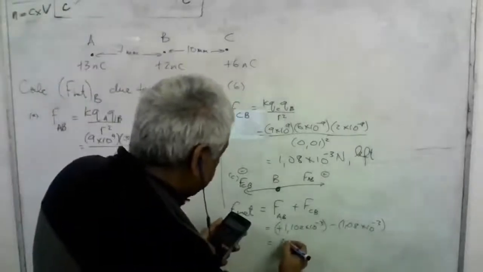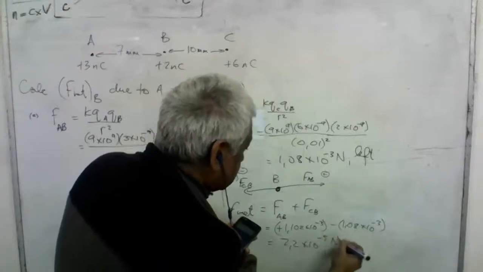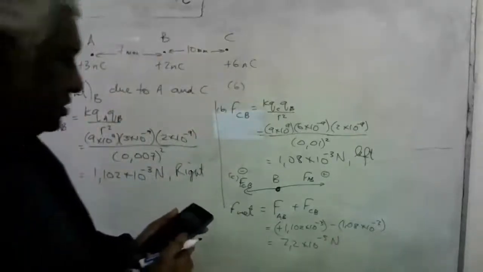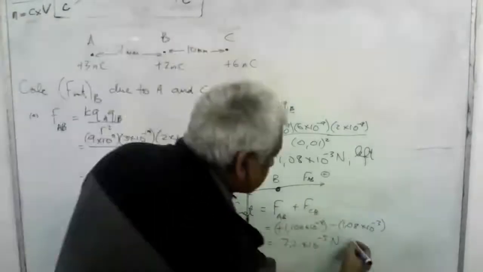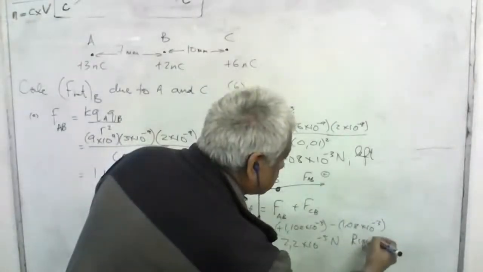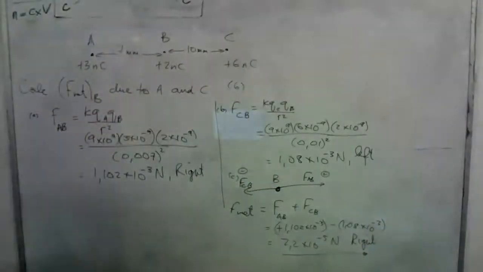Okay, I get an answer of 2,2 times 10 to the minus 5 newtons. And it's a positive value, so therefore that will be to the right.